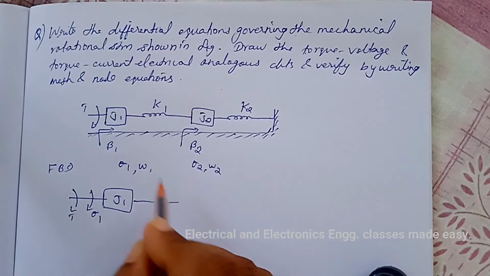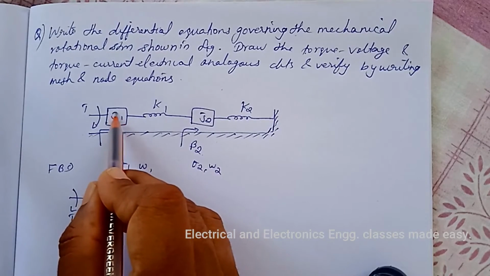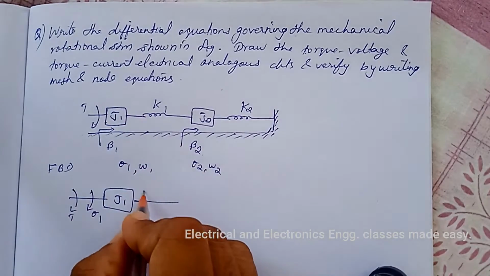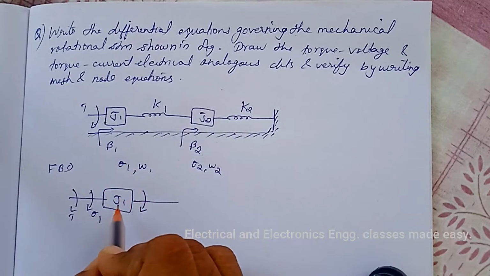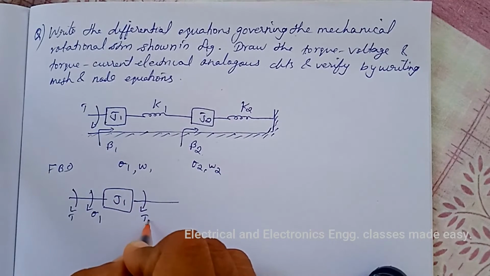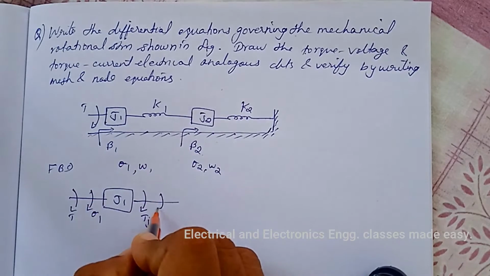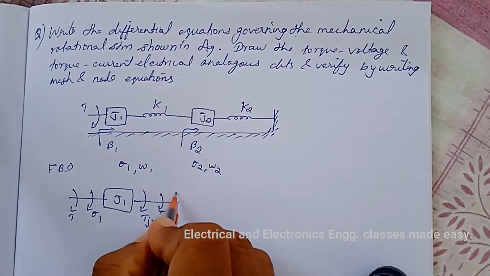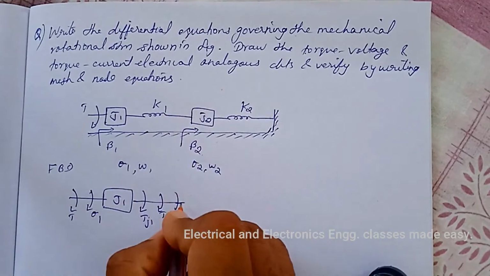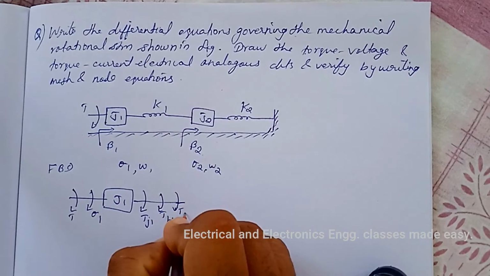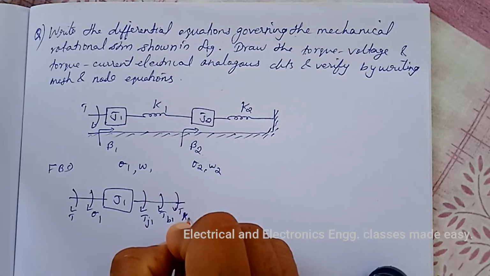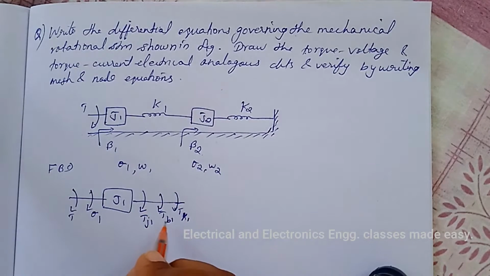Then the opposing torques are due to the moment of inertia J1, that is Tj1, then due to B1, Tb1, then due to K1, Tk1. So these are the opposing torques.